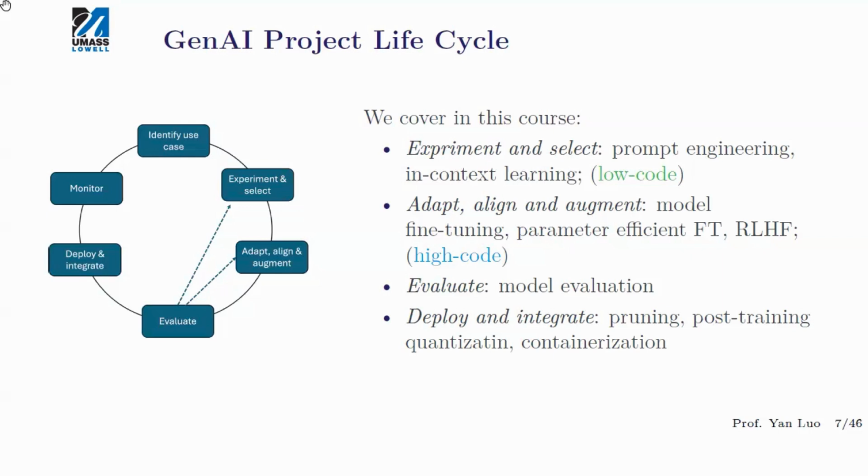So if we put these in the project life cycle, you can see that we have a few steps. We can probably start with the low coding case of experiment and select, and gradually we can change the model through fine tuning, and then we can evaluate them.